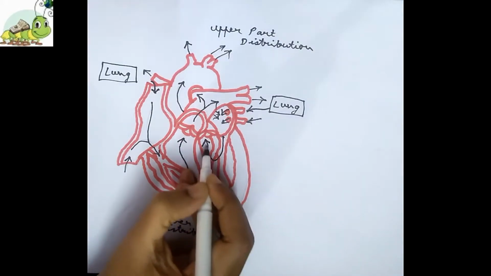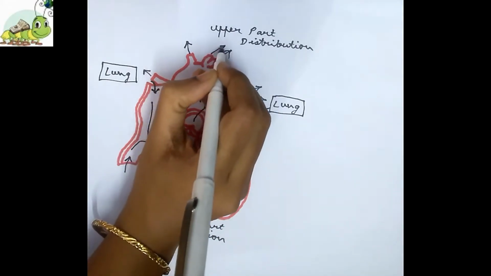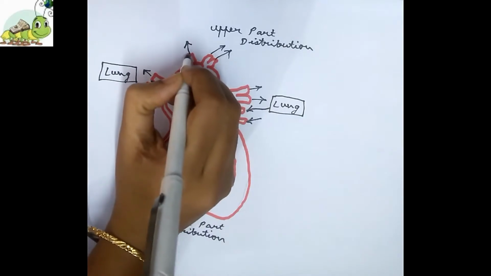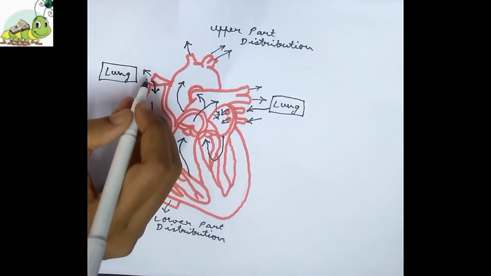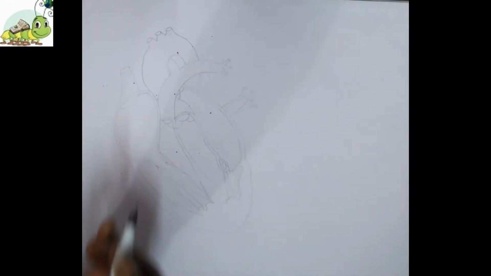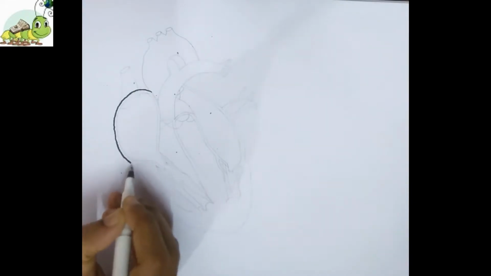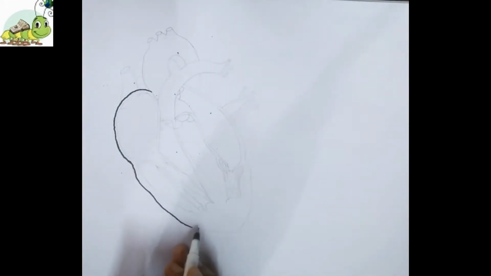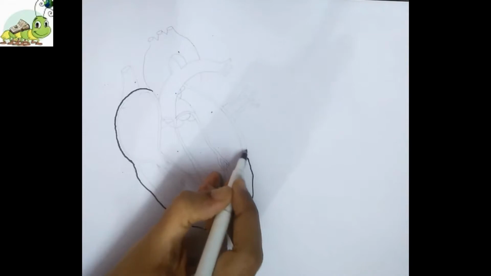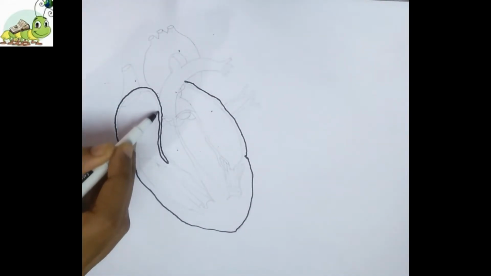Like the two atrioventricular or AV valves, which lie between the atrium and the ventricle on each side. The bicuspid valve has two flaps and the tricuspid valve has three flaps. Next, the semilunar valves are shaped like half moons.